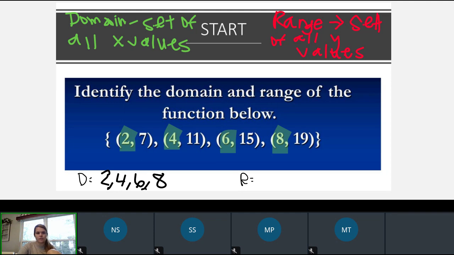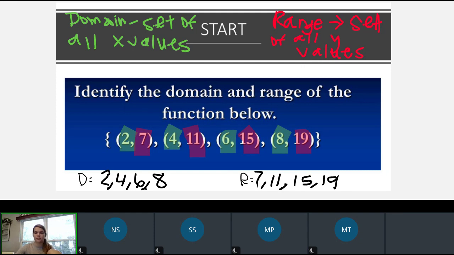Our range is going to be all of the Y values. Exactly. Good, y'all. So it's going to be 7, 11, 15, 19.